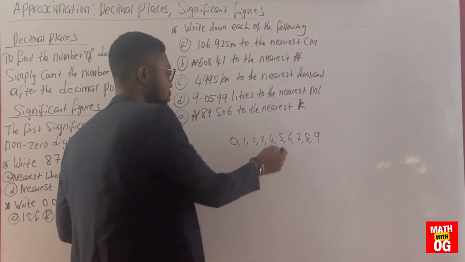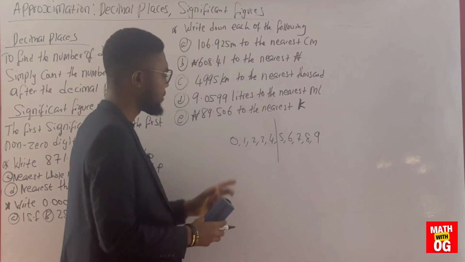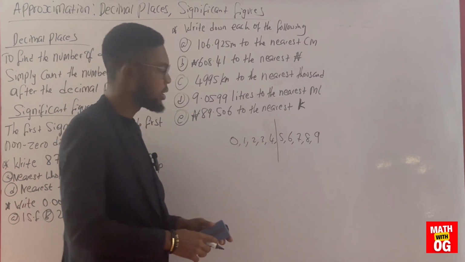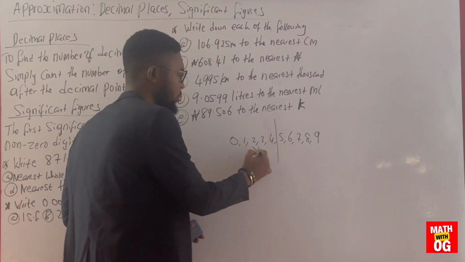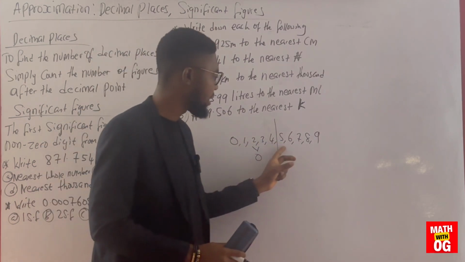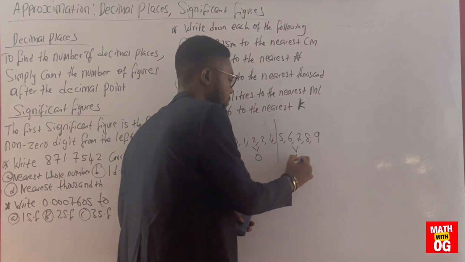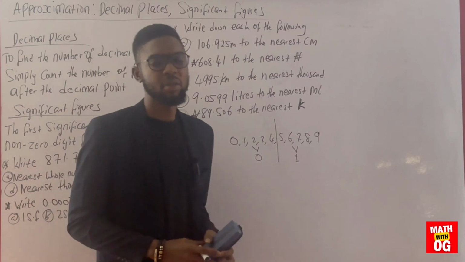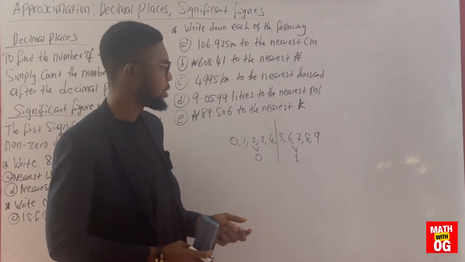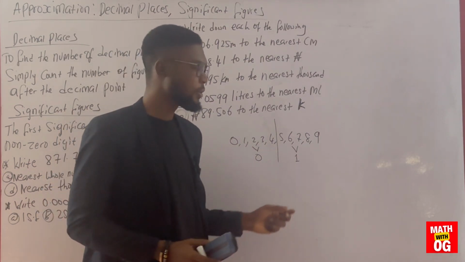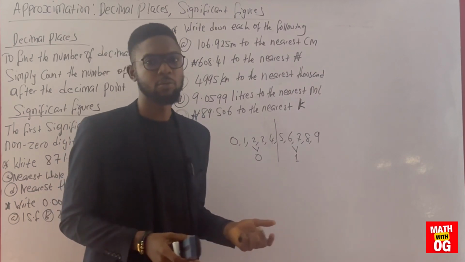So if I divide it into 2, whenever you have a 0, 1, 2, 3, 4, this round down to 0. Whenever you have a 5, 6, 7, 8, 9, this round up to 1. And if you understand the basics of approximation, there will be no need going through the stress of saying it round off to 1 or it round off to 0.